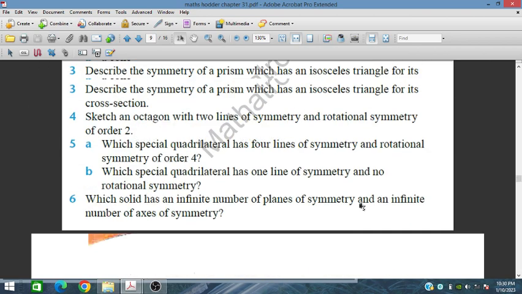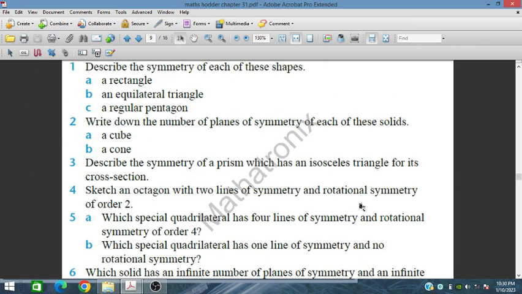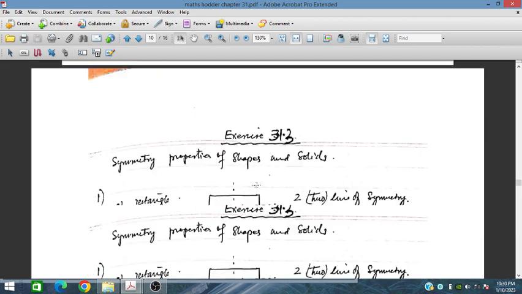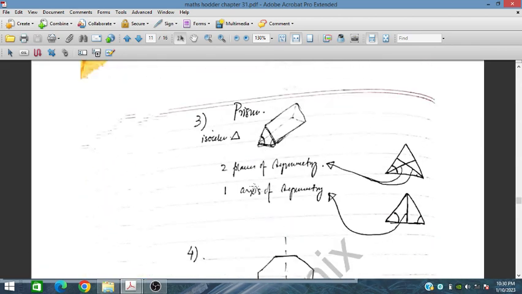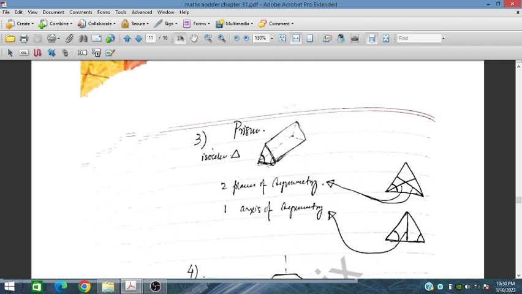So question number 3: describe the symmetry of a prism which has an isosceles triangle for its cross section. So this is an isosceles triangle. Here this side and this side are equal, while this side is different.